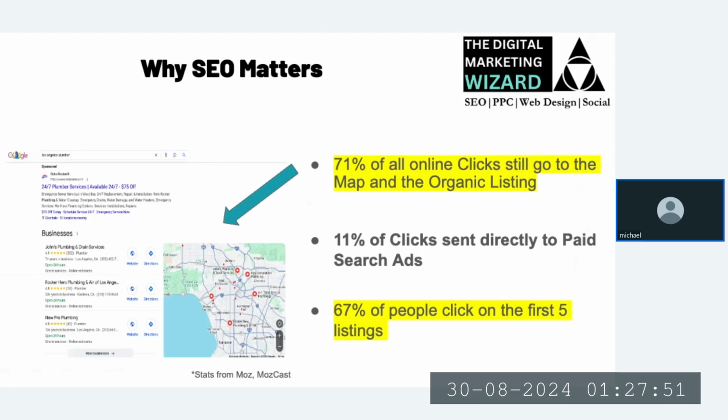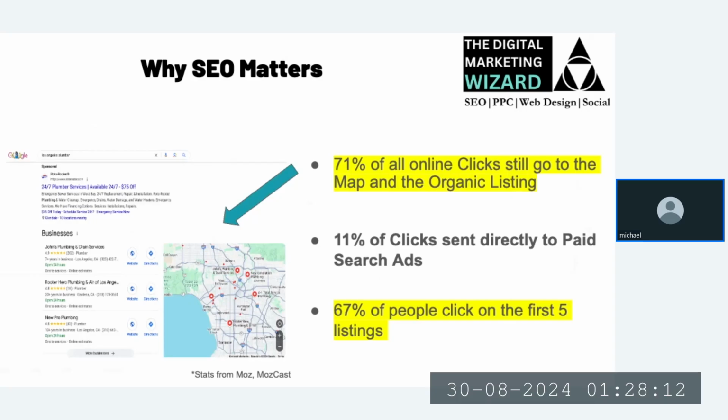And I mentioned this before, 67% of all people click on the first 5 listings. Right now we're only looking at the number 1, 2, and 3 spots, and those get an even larger percentage of the majority of the results.